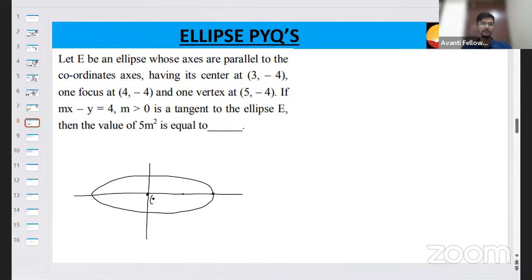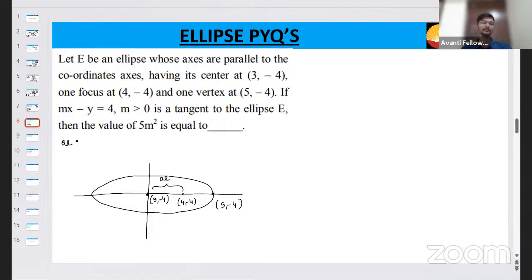So this is (3, −4). The focus is (4, −4). This is (5, −4). Right? So the distance between center and focus, what is it? It is AE.